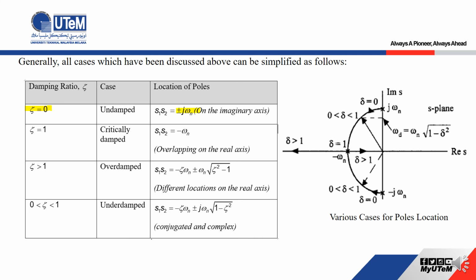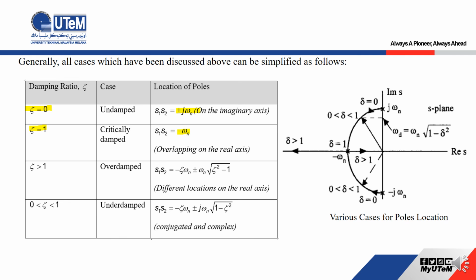For the critically damped case, zeta should be equal to 1 and the poles overlap each other. So there are two poles overlapping on the real axis, at negative omega n.